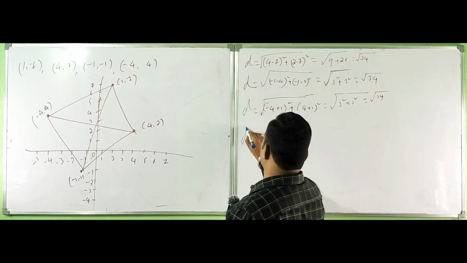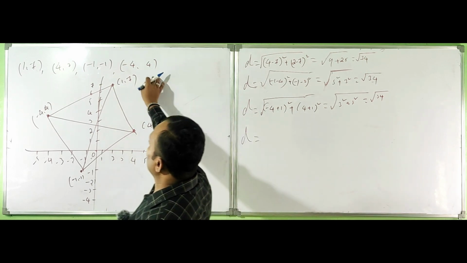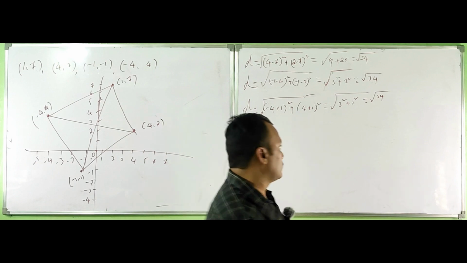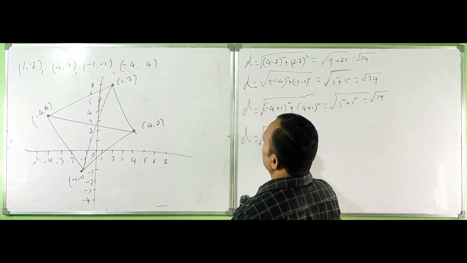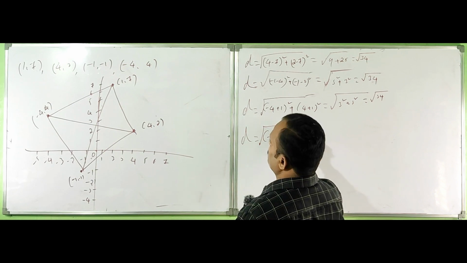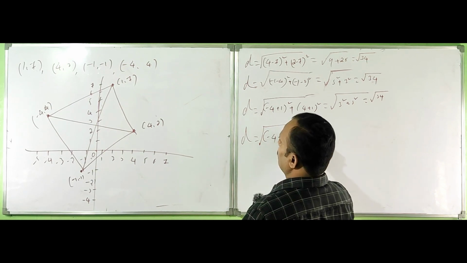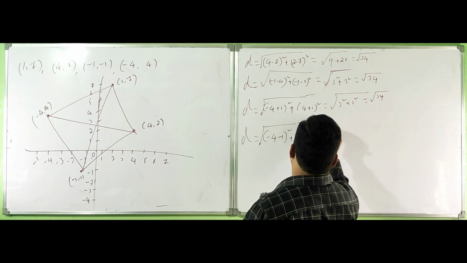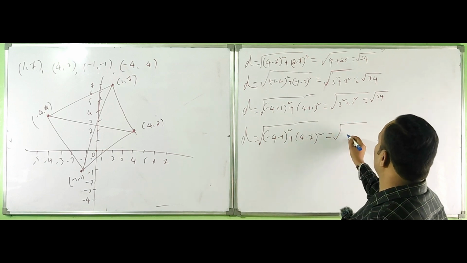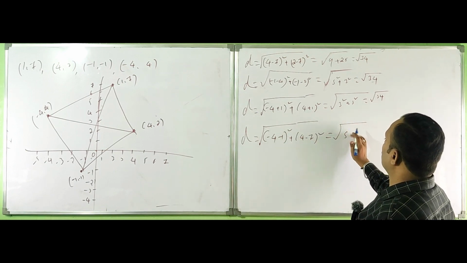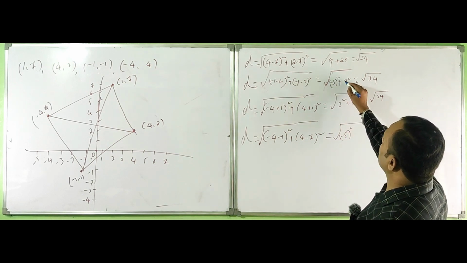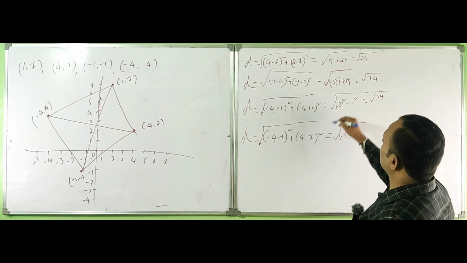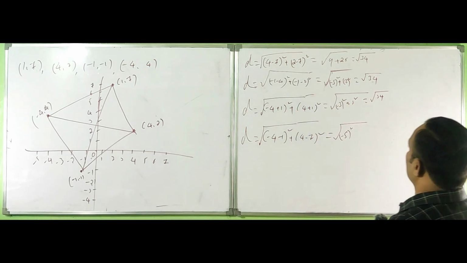Last points are 4 minus 4 and 1, 7: the square root of (minus 4 minus 1) whole square plus (4 minus 7) whole square is equal to 5 squared, okay, minus 5 whole square.